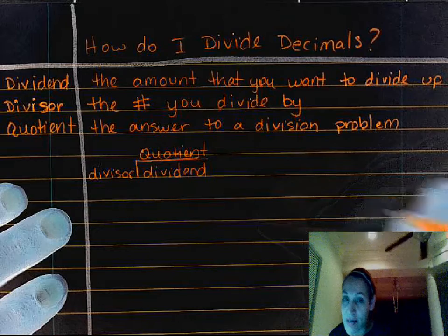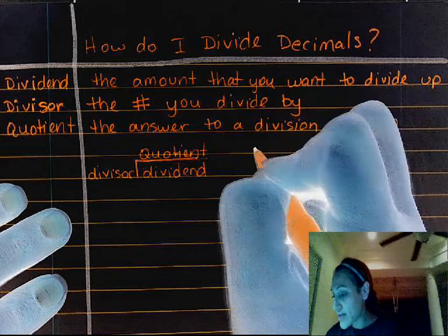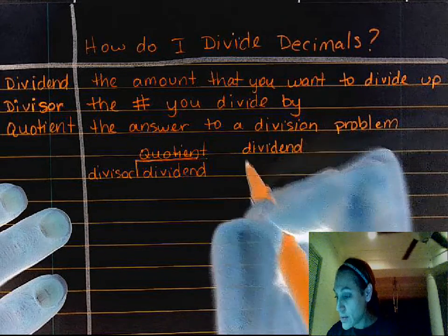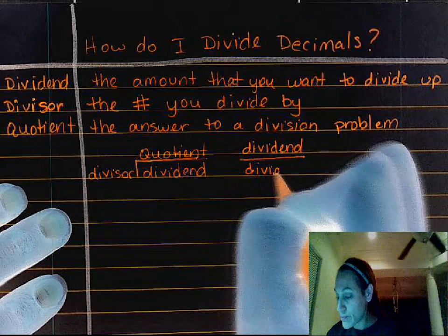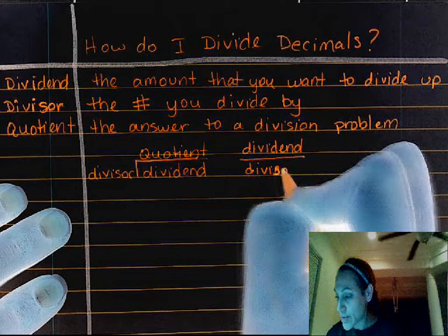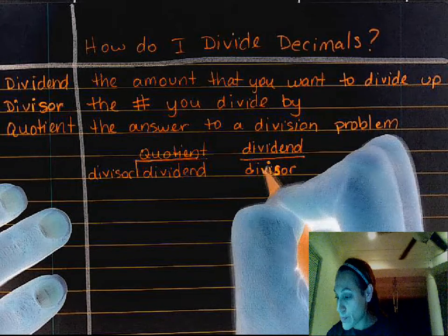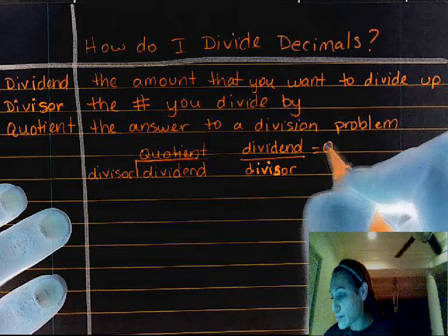Another way is when it's set up like a fraction, right? So you have your dividend divided by your divisor. Sorry guys, I misspelled that. Okay, and then that's equal to your quotient.